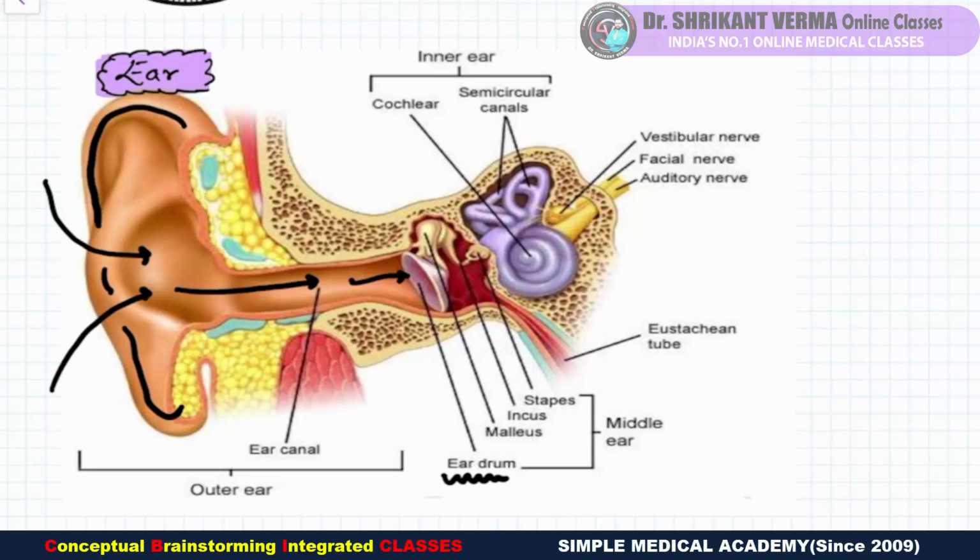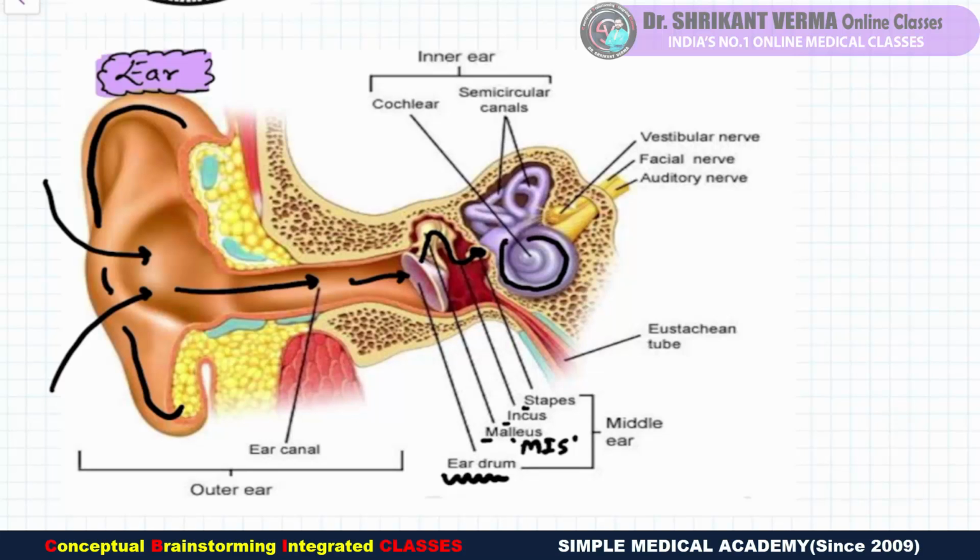Then vibration passes through the MIS. You can remember the ear ossicles with the mnemonic MIS: malleus, incus, stapes. So sound waves pass through the malleus, incus, and then stapes. This stapes is hitting the cochlea portion.